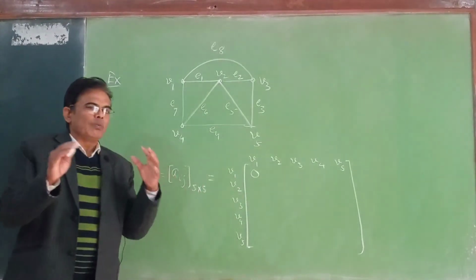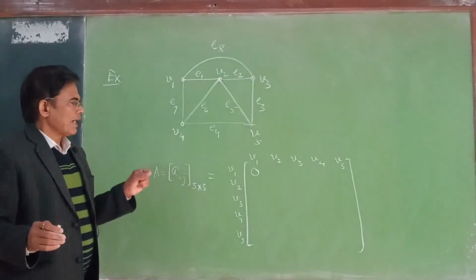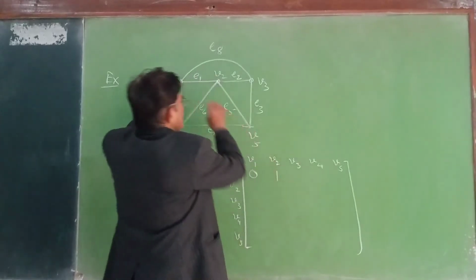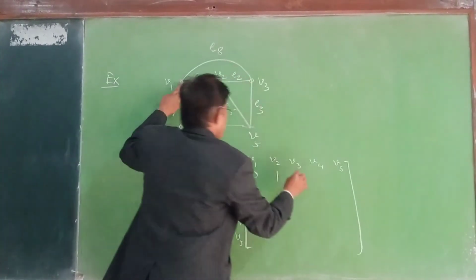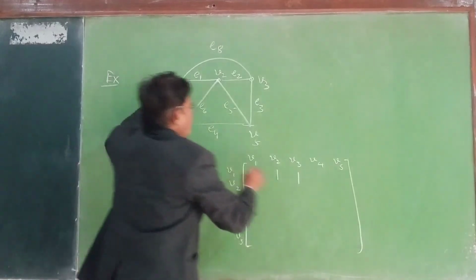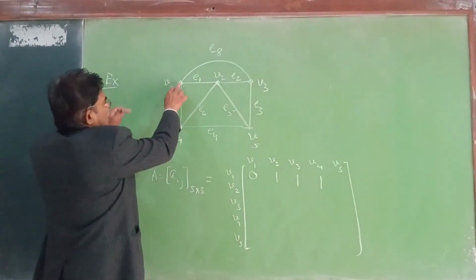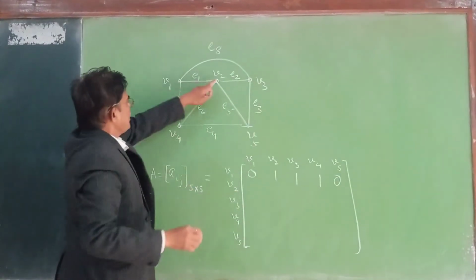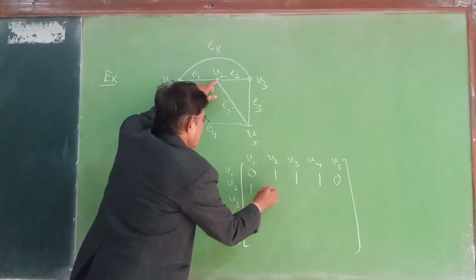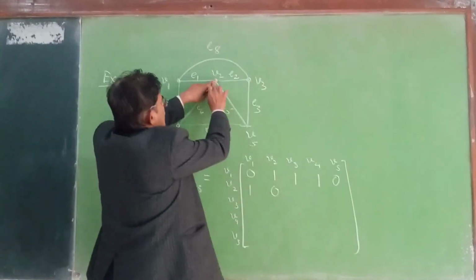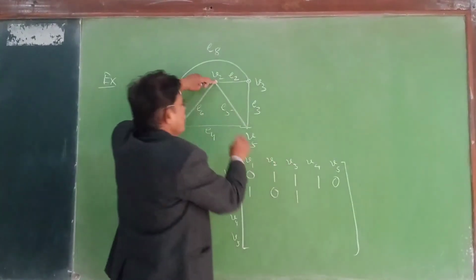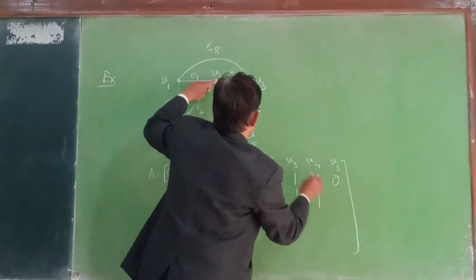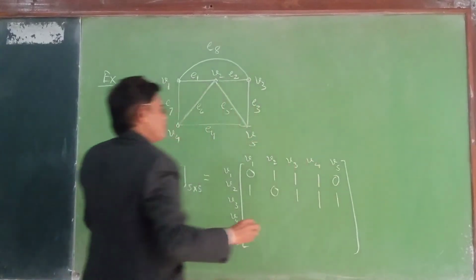If there is an edge between 2 vertices, we write 1, otherwise 0. So V1 to V2 is 1, V1 to V3 is 1, V1 to V4 is 1, V1 to V5 has no edge, so 0. Now V2: V2 to V1 is 1, V2 to V2 is 0, V2 to V3 is 1, V2 to V4 is 1, V2 to V5 is also 1.